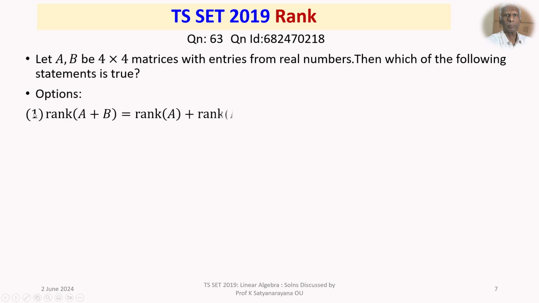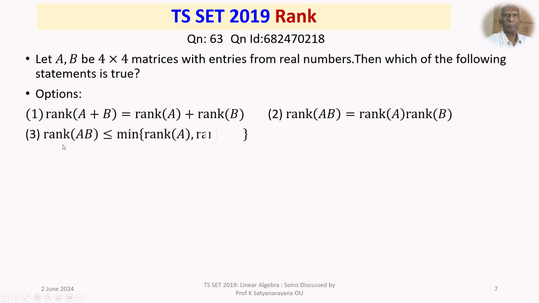Option 1, rank of A plus B is equal to rank of A plus rank of B. Option 2, rank of AB is equal to rank of A multiplied by rank of B. Option 3, rank of AB is less than or equal to minimum of rank of A, comma rank of B. Option 4, rank of A plus B is equal to the minimum of rank of A, comma rank of B.